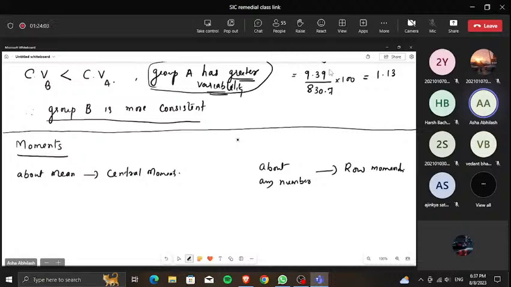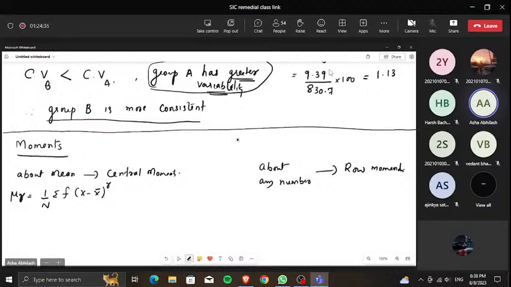For example, mu1 is 1 by n of summation of f, if frequency is there, multiplied by the deviation of the data from the arithmetic mean. So this is your mu1. For mu2, the power increases. Generally, for mu r, the power raised to r will be there.